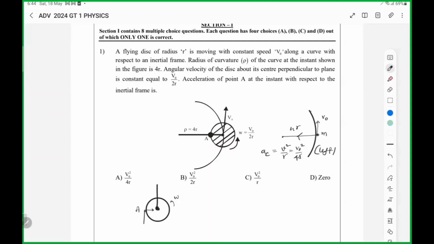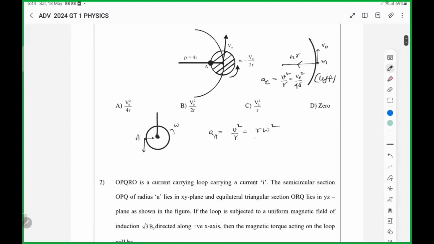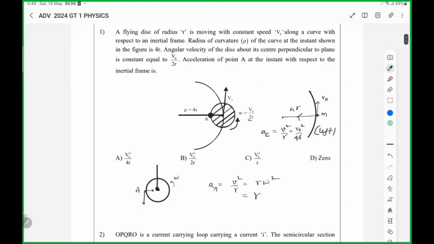The acceleration will be towards right, that is v squared by r, or r omega squared. Here, omega is given as v naught by 2r, so r omega squared is 4r squared, which we get v naught squared by 4r, that is towards right.